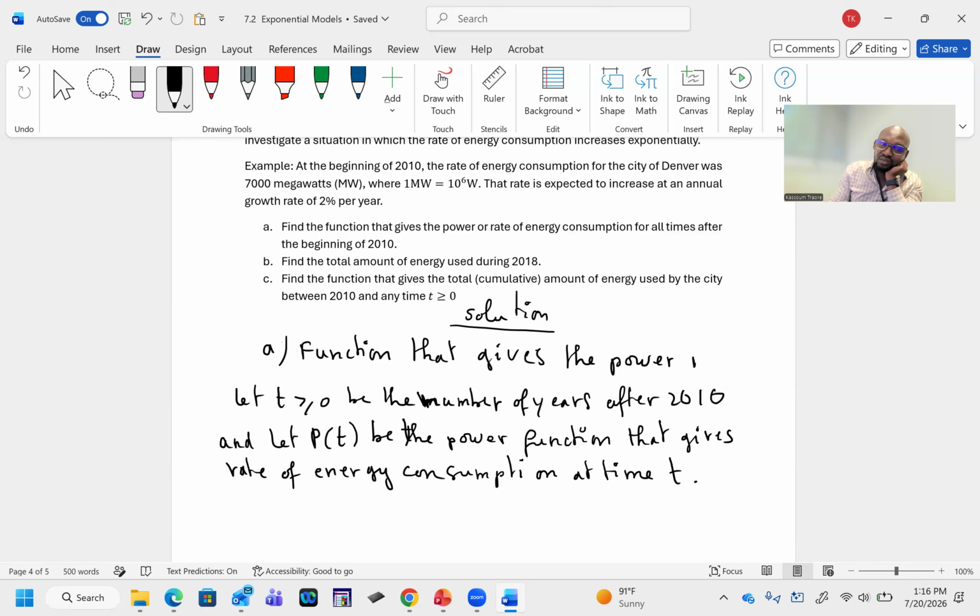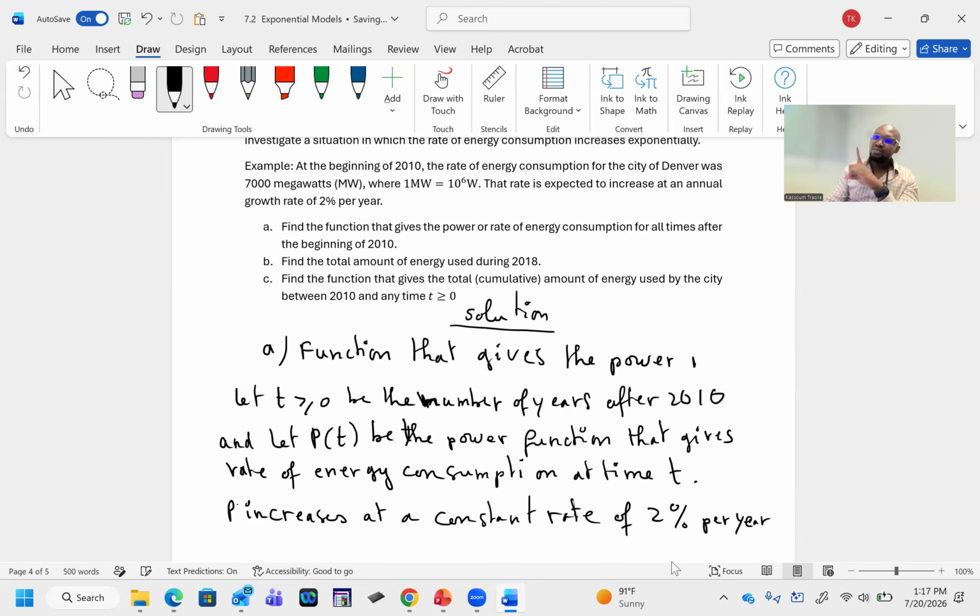Therefore, P increases at a constant rate of 2% per year, because every year it's increased by 2%.